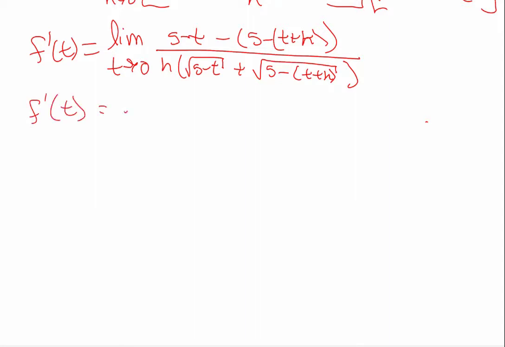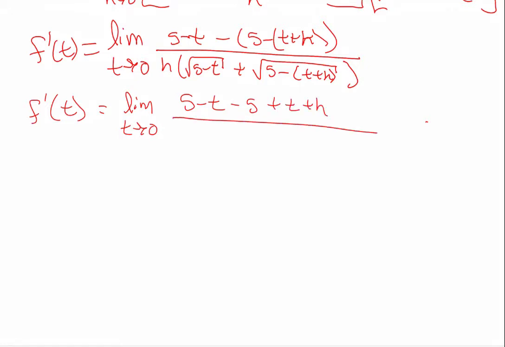Now if I simplify, I get the limit as t goes to 0 of 5 minus t minus 5 plus t plus h all over h times the square root of 5 minus t plus the square root of 5 minus t plus h.